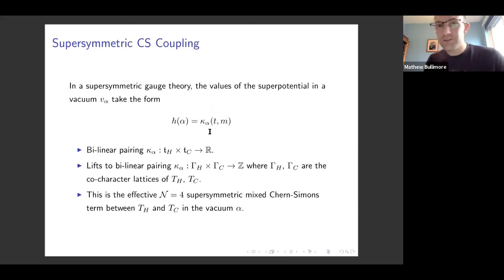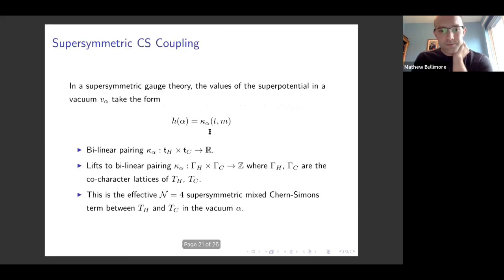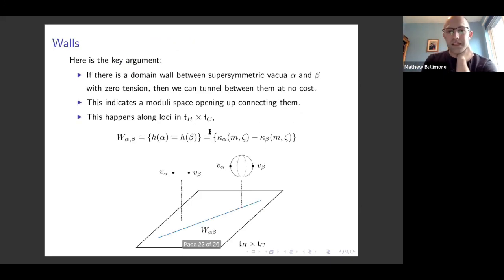Good. So let's then try to talk about the condition of what it means for the masses and Fi's to be generic. The key idea is that if you have two massive vacua, you can have domain walls that tunnel between them.